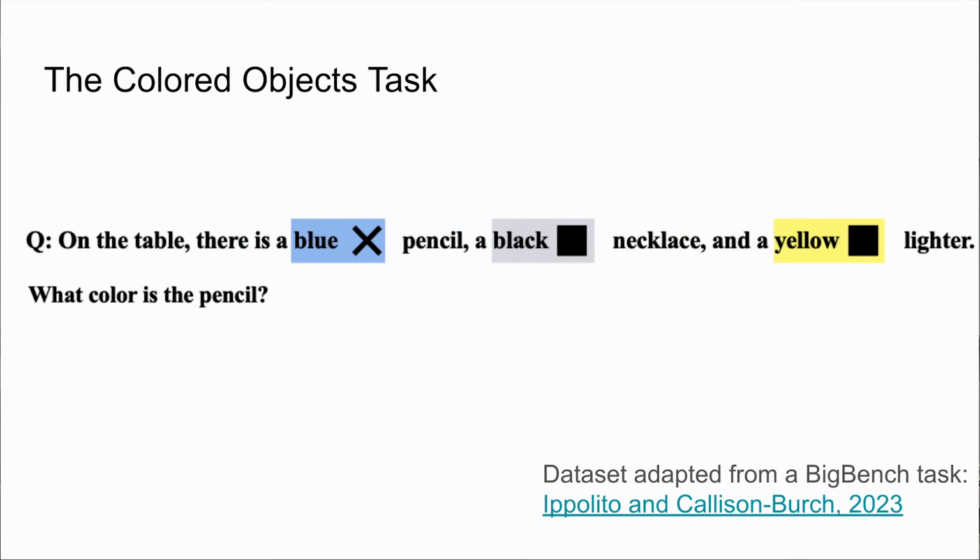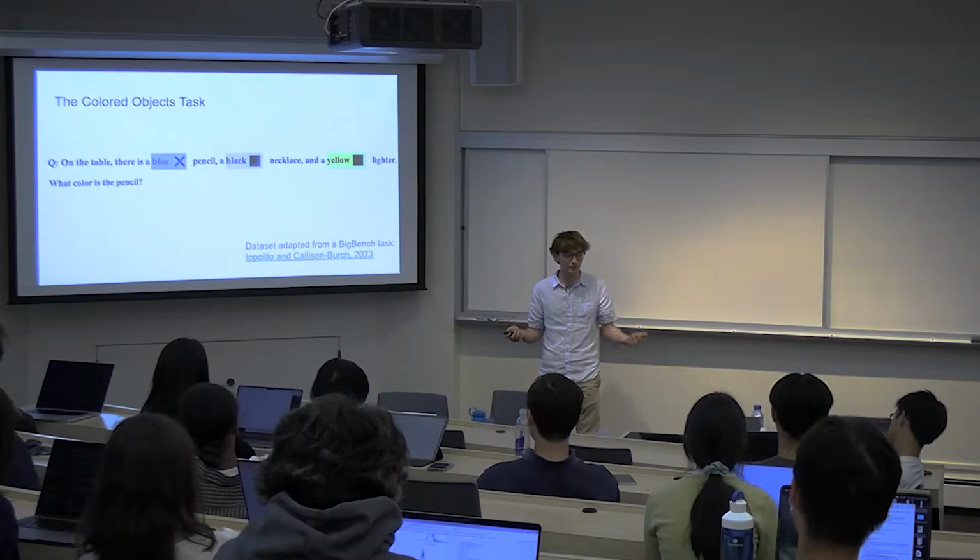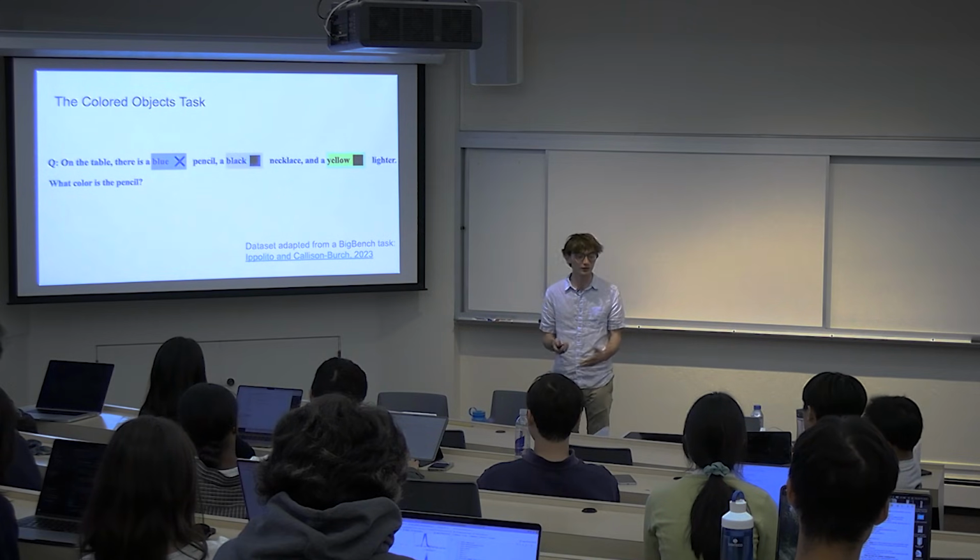And so I was just looking at data sets. I was looking at Big Bench, which has hundreds of kind of synthetic tasks. And this one stood out to me, which is the colored objects task. For the purposes of this work, I changed it a little bit from the original. But the main idea is to just list a bunch of colored objects, like blue pencil, black necklace, yellow lighter. What color is the pencil?